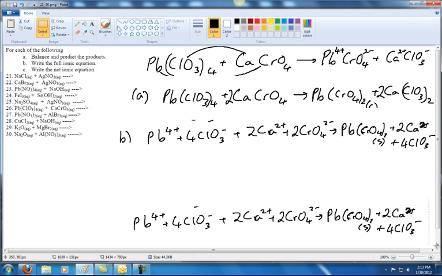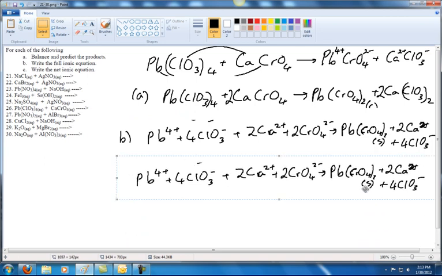Alright, so this will be for part C. And in part C here I've got Pb4 plus, and I'm going to cancel out anything that's exactly the same on each side. Pb4 plus is okay. That cancels with that, and the Ca2 plus cancels, and we're just left with whatever forms a solid.